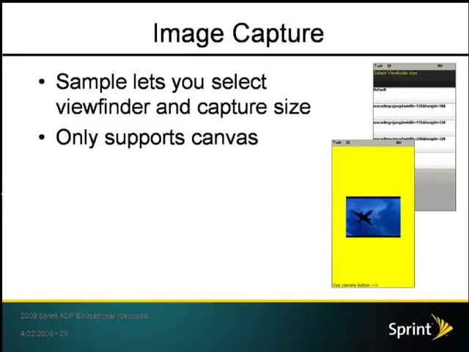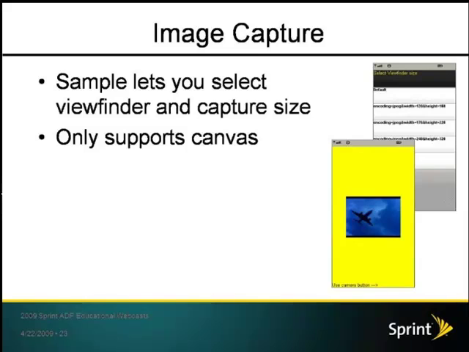And this sample will show you the different sizes that you can use for setting up a viewfinder, as well as the different capture sizes. This is a good sample to put on a real device and actually play with it, so you can get a feeling for what the user sees if you pick a specific viewfinder size, and the positives and negatives of using that.